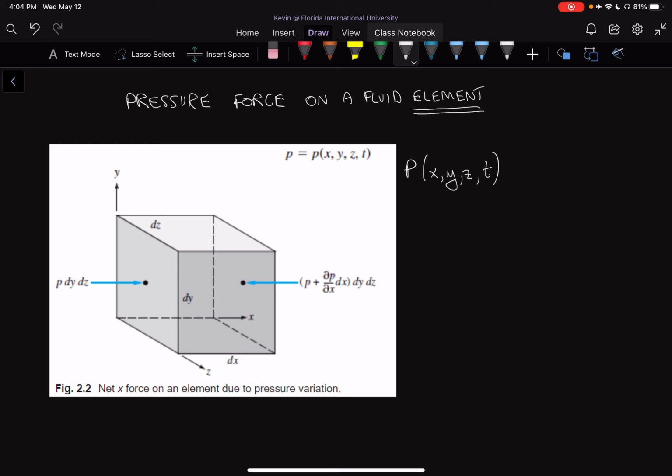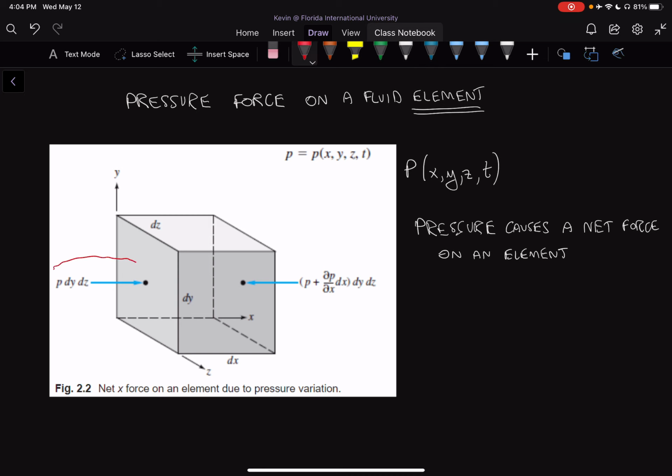And we can also say that pressure usually causes a net force on an element. If we look at our diagram, we have two sides.